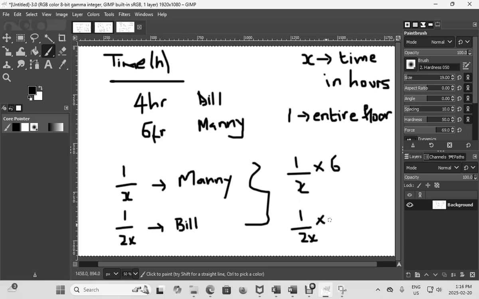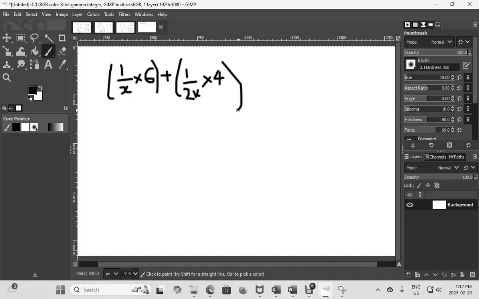For Bill, we multiply by 4 hours. This has to do with the rate of work, 1 over 2x and x, and this is the total time in hours. We want to figure out what x is.